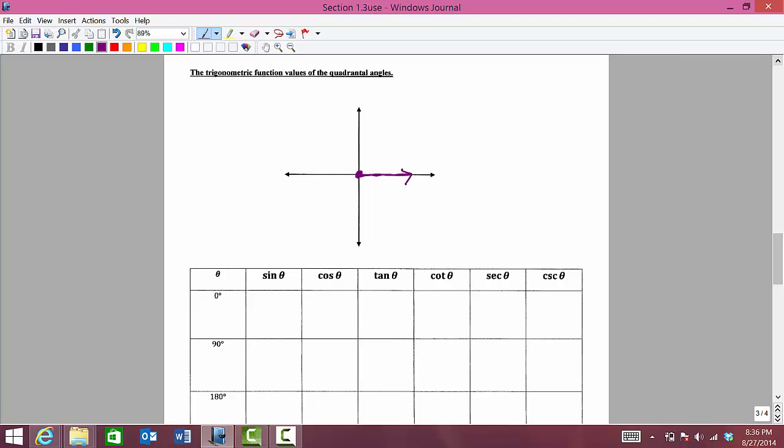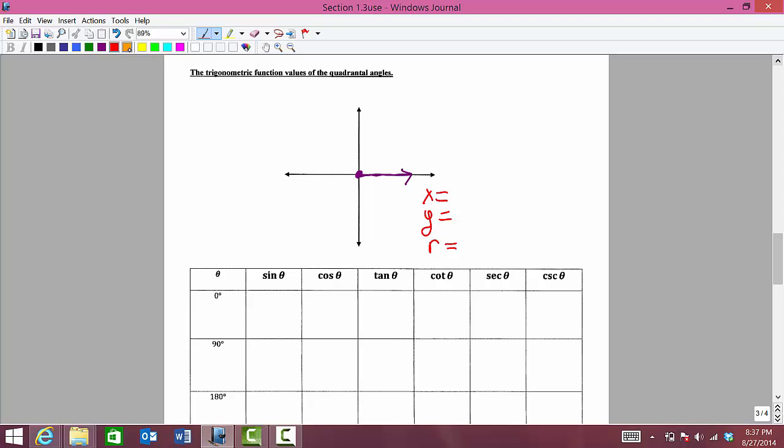So if I'm looking for 0 degrees, remember 0 degrees would show no rotation. So that would be my angle for 0 degrees. When I'm finding trig function values, we need to know what is x, what is y, and what is r. And when we go to pick, remember we can pick any point that lives on the terminal side.